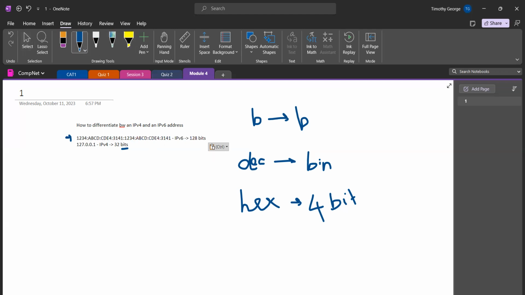So this is how IPv6 works. If you have this straight, all the questions will become much easier. IPv6, this is what it looks like, 128 bits. IPv4, this is what it looks like, 32 bits. Okay, so this was the intro. Now let's look at a question.